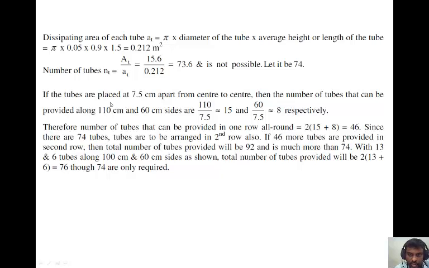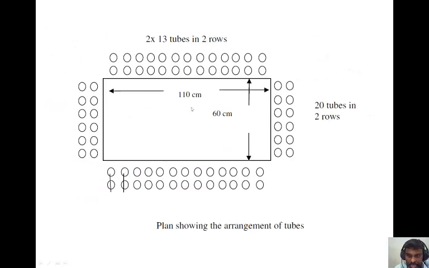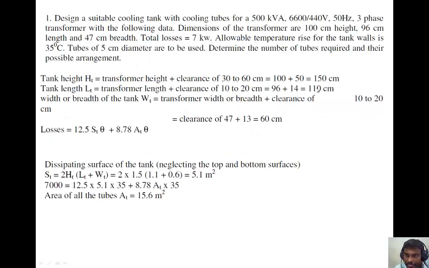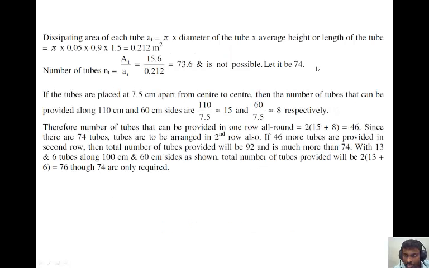If these tubes are placed at 7.5 centimeters apart from center to center, then the number of tubes that can be provided along each side. See here, the length is 110 centimeter, the tank length, and the width is 60 centimeters. So we have totally 74 tubes.